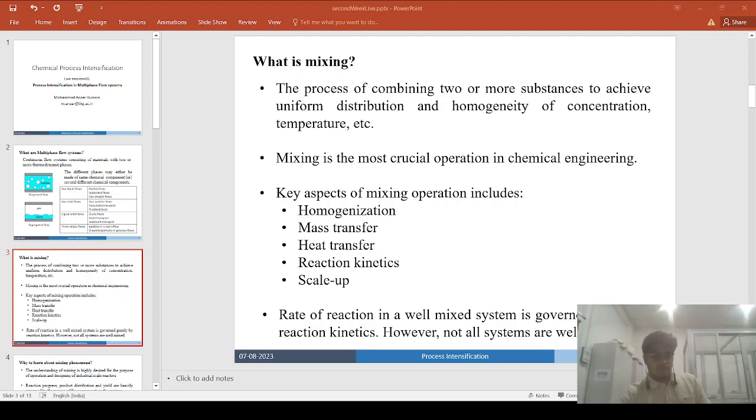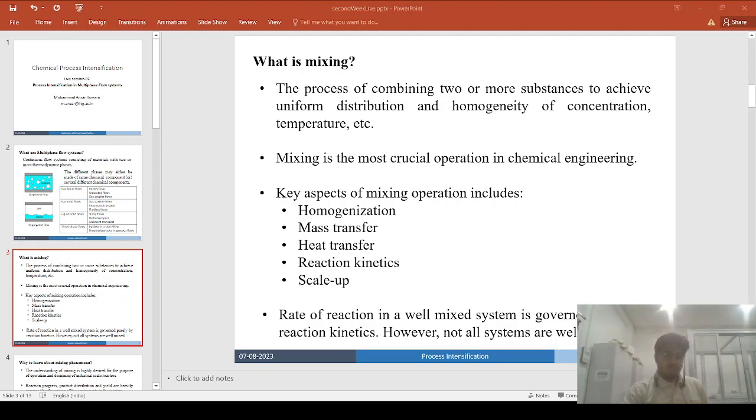So in each of those cases, the idea is how you can enhance the mixing. The heart of chemical engineering lies in mixing. How well can you mix two immiscible phases, or establish contact between them, to perform mass transfer or heat transfer, or to make the reaction happen?